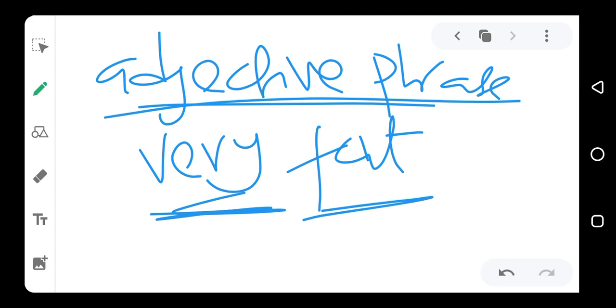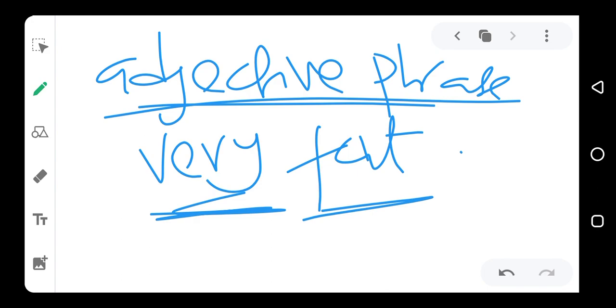If we introduce a noun after an adjective phrase, it becomes a noun phrase. We should not put a noun after an adjective phrase.